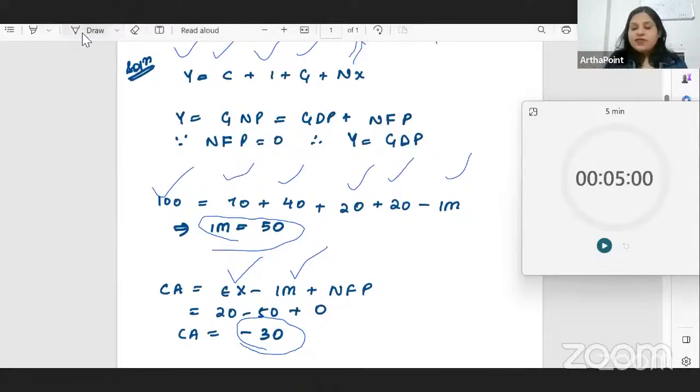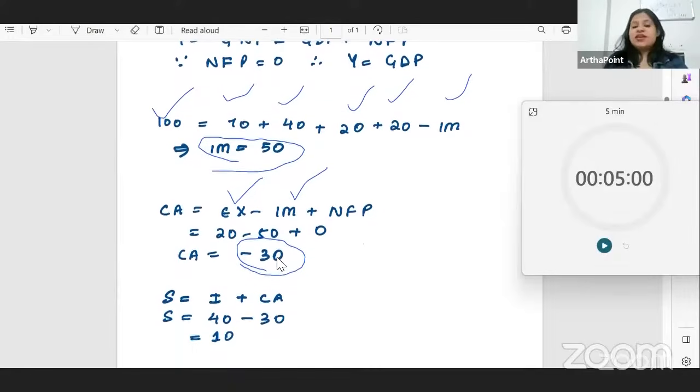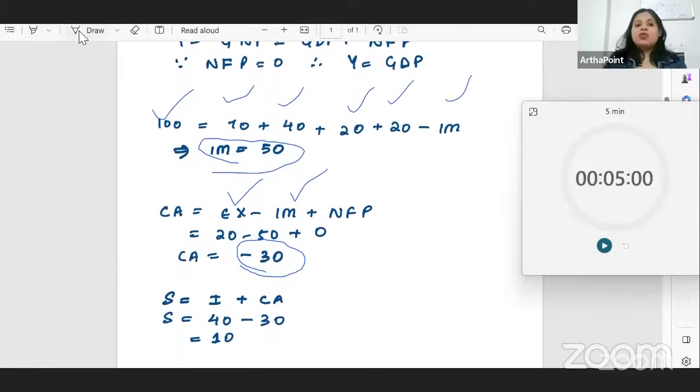Now, after we have found the current account, I must go ahead and use the definition of the identity that we taught in the first lecture. What is the identity? Saving is equal to investment plus CA, current account. So beta, current account I have got as minus 30.